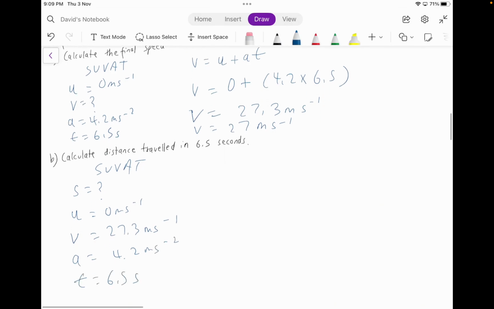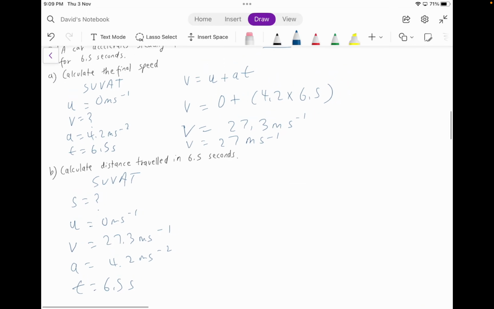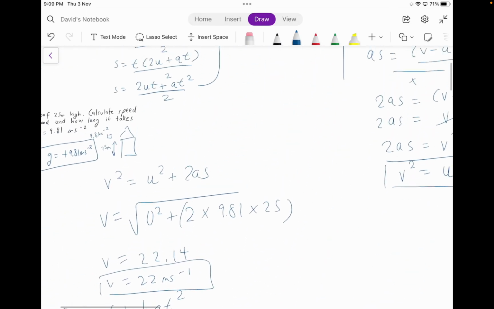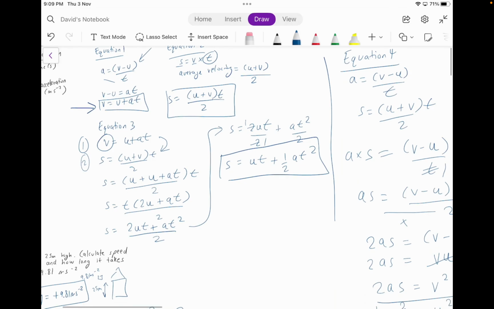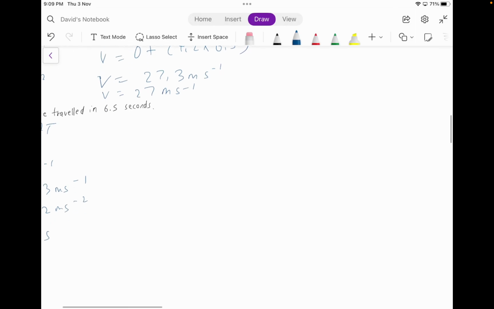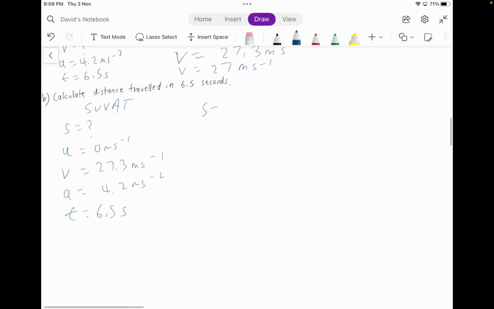So that's a lot of values given to us. It makes it easier to use equation 2 in this case, since we know the initial and final velocities and the time given, so we can easily find the distance. S is equal to u plus v divided by 2, times time.